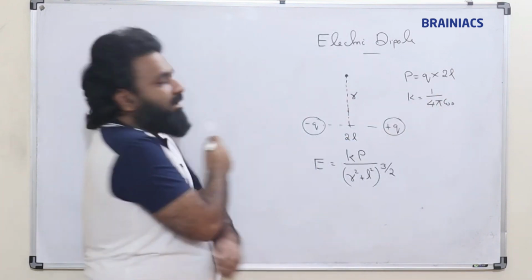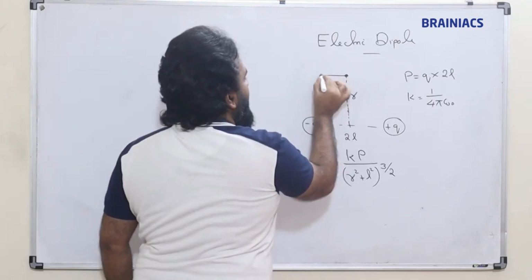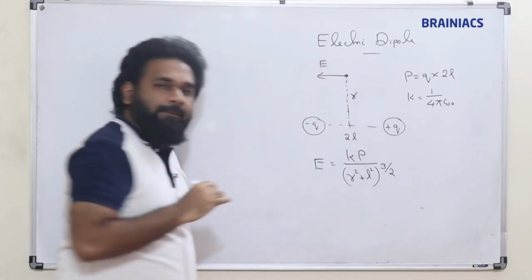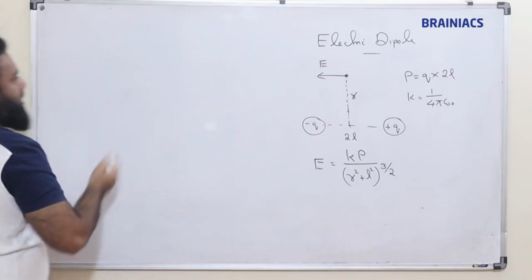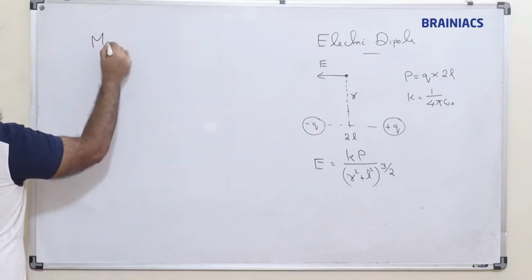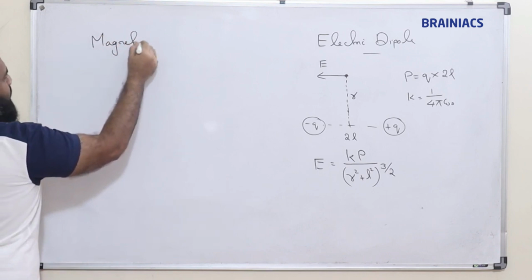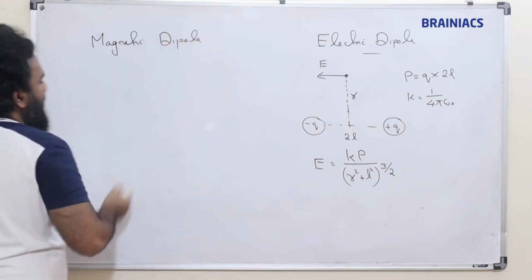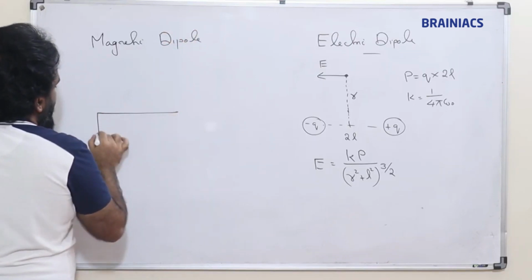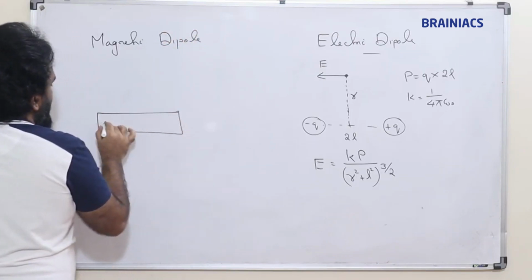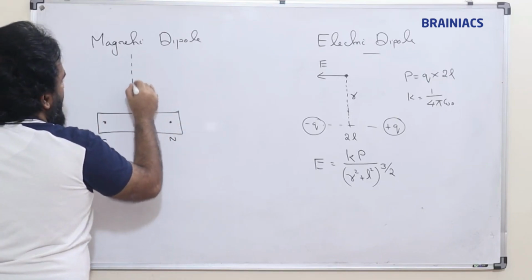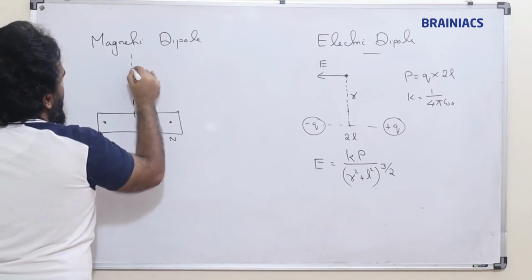And what was the direction of electric field? The direction of electric field was this. This was the direction of electric field. Clear or what? Now same case here, if we consider magnetic dipole, magnet, south pole, north pole, this is the equatorial line.